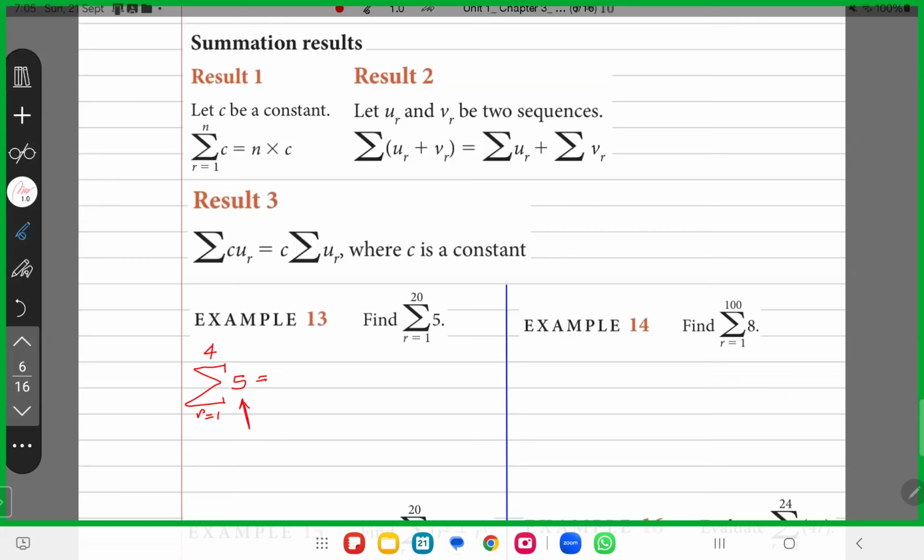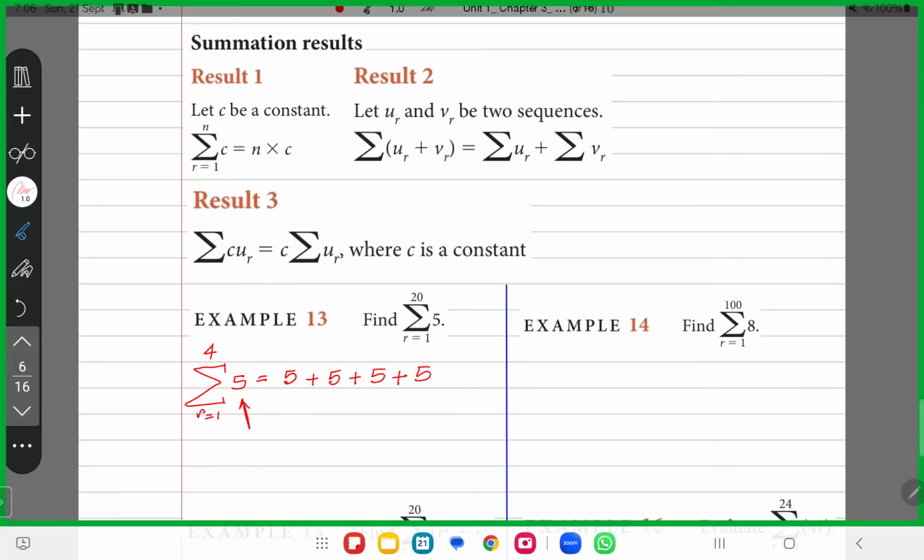So what that means is that this series is not affected by the term number, which is R. So technically, what this is saying for you to do is that you're going to sum 5 4 times. So this actually means 5 plus 5 plus 5 plus 5.